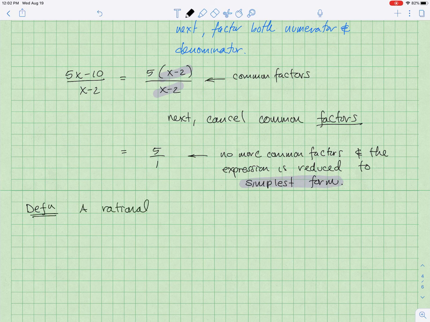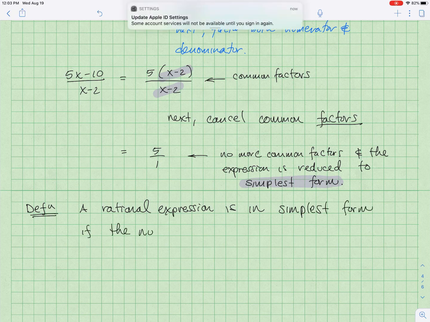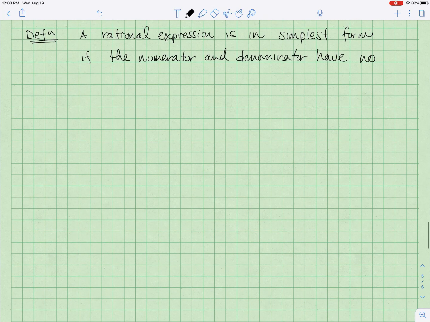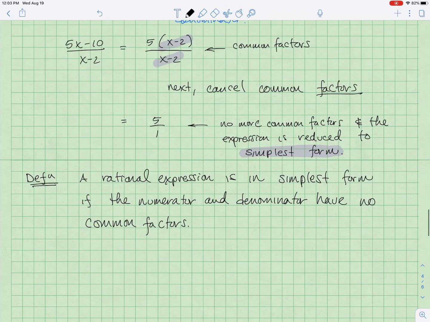A rational expression is in simplest form if the numerator and denominator have no common factors.